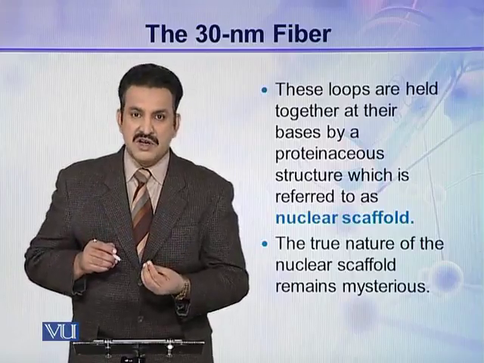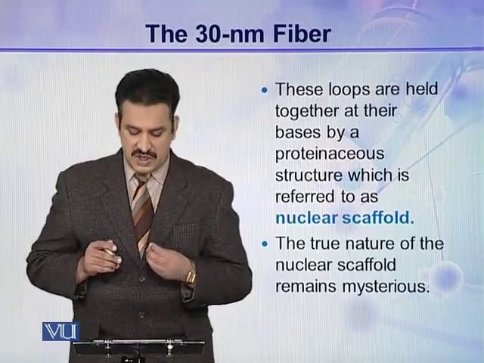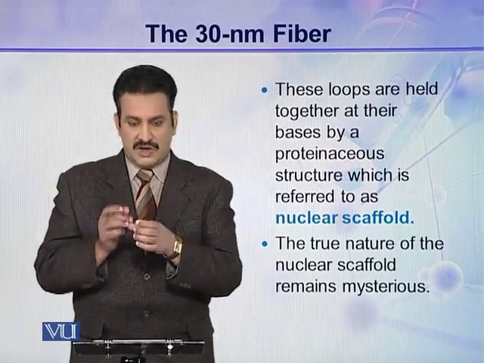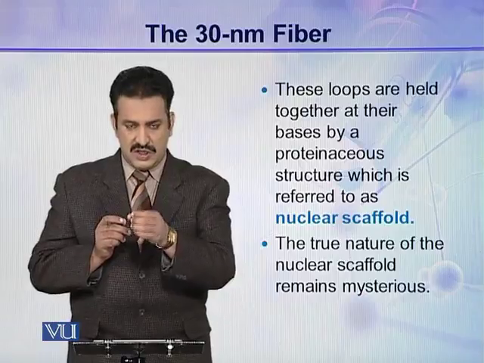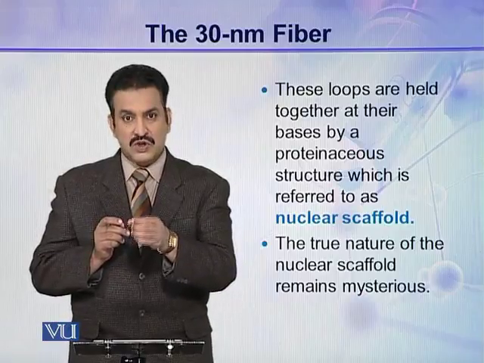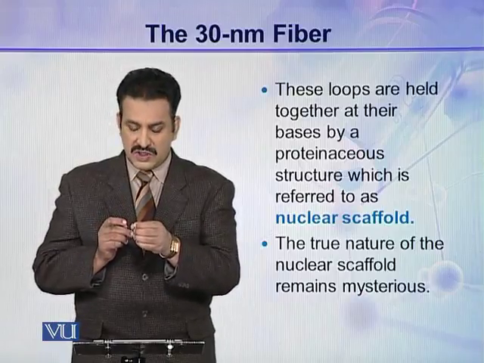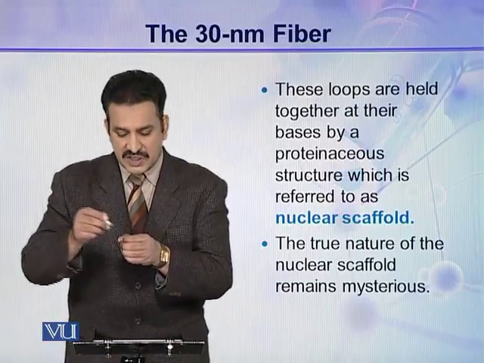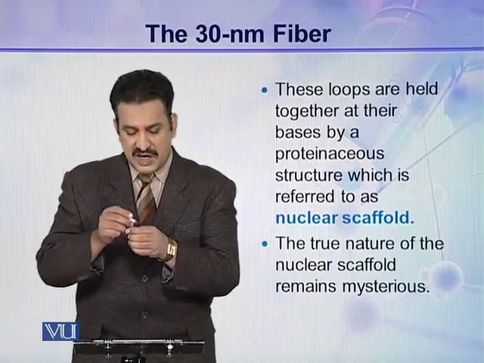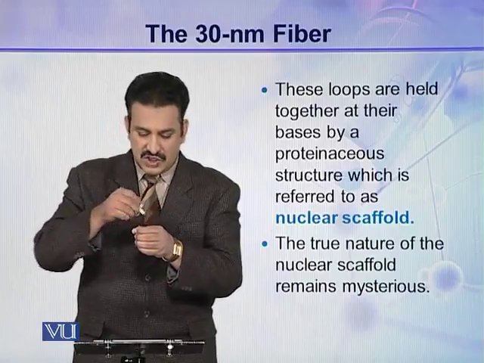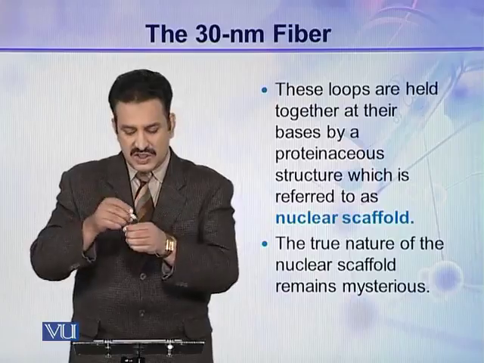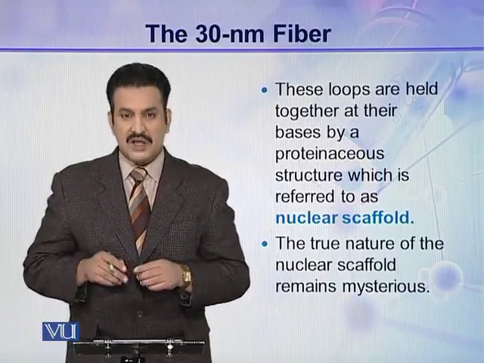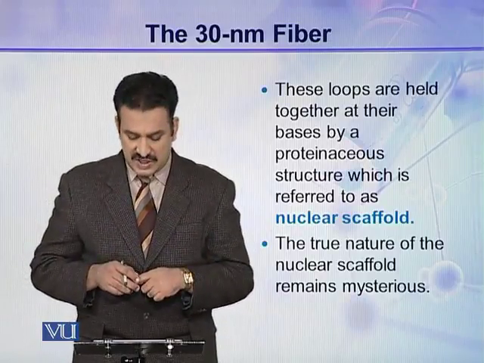Similarly, here in case of eukaryotes, there is a nuclear scaffold in the center. It makes the core, and around this nuclear scaffold the 30 nanometer fiber is present, and it makes loops like this. So in this way higher order folding is achieved.